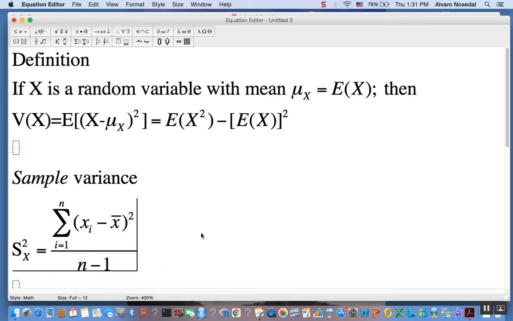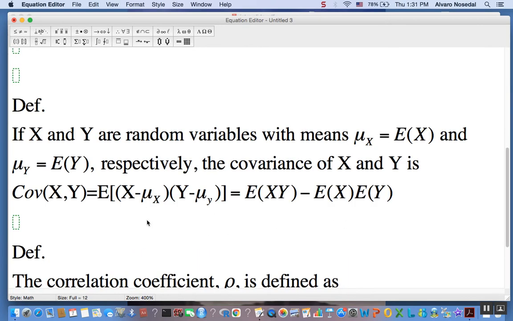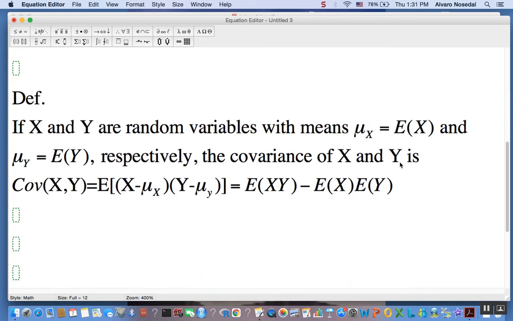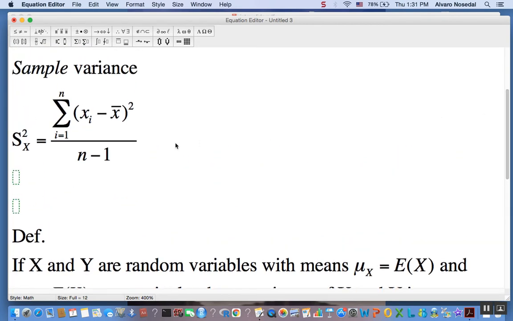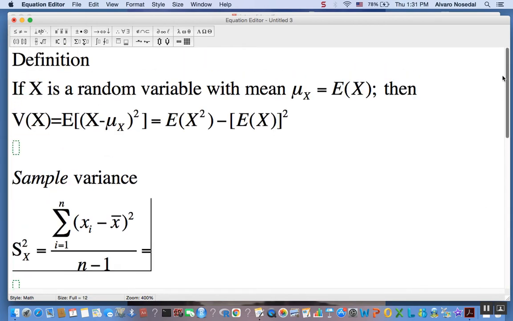The other one would be the covariance. And by the way, just as there are alternative formulas to find the variance and covariance of random variables, there are alternative formulas to find the sample variance and the sample covariance. So let me just write them down here because they could be useful. Here, i goes from 1 to n.